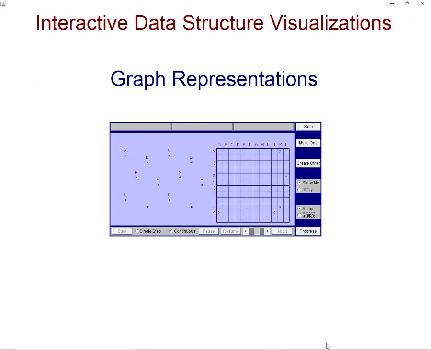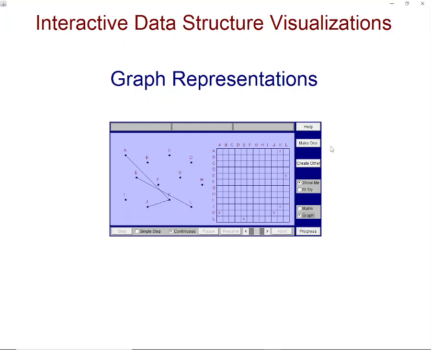Let's look at a few examples of undirected graphs and see the correspondence between the adjacency matrix and the graph. In this case, we already have the adjacency matrix, and notice that it is a symmetric matrix. When we press the Create Other button, it takes every pair of entries in the adjacency matrix and creates the graph from it.